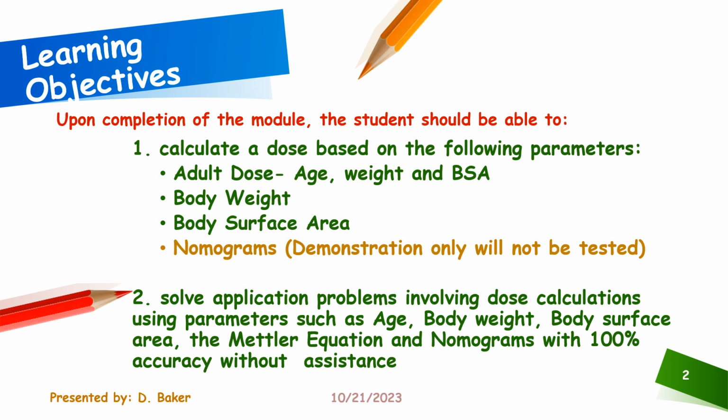We'll also solve application problems involving dose calculations using parameters such as age, body weight, body surface area, and the Nett's law or Gihan and George equation, and nomograms with 100% accuracy and of course without assistance.